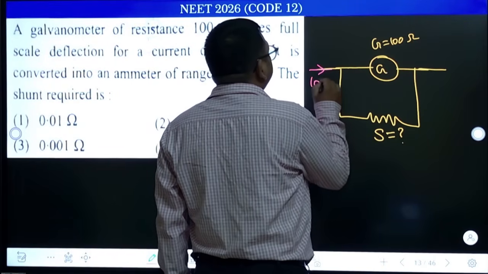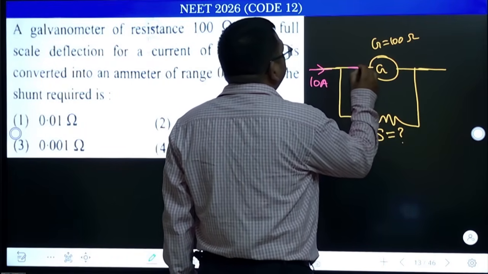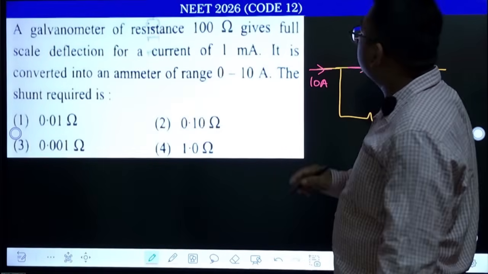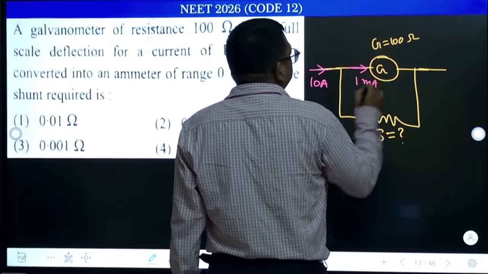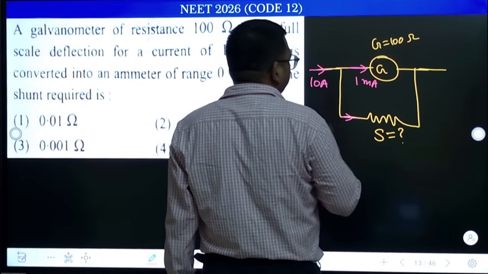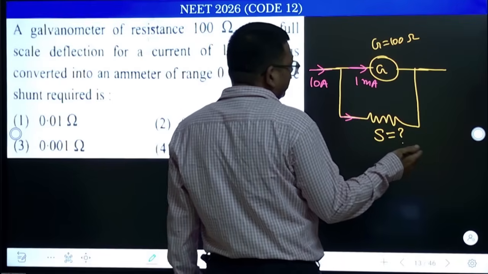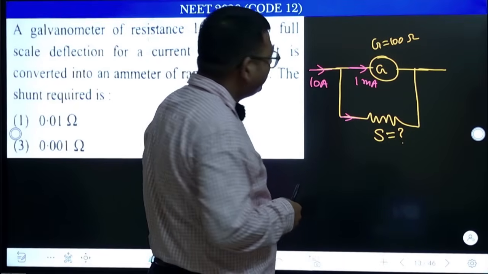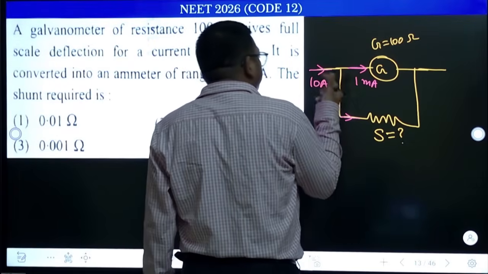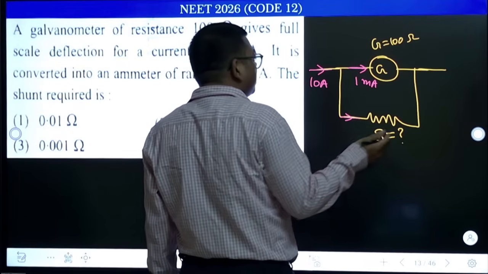This must be 10 ampere. And note that the galvanometer full scale is how much? 1 milliampere. So the remaining current should go through the shunt, right? So 10 minus 1 milli. Suppose you write this in terms of milliampere, it becomes 10,000.